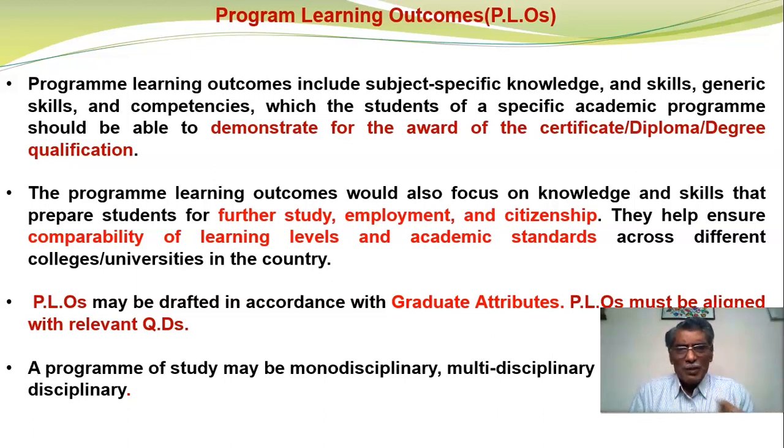The program learning outcomes would also focus on knowledge and skills that prepare the students for further study, employment and citizenship. They help ensure comparability of learning levels and academic standards across different colleges and universities in the country.